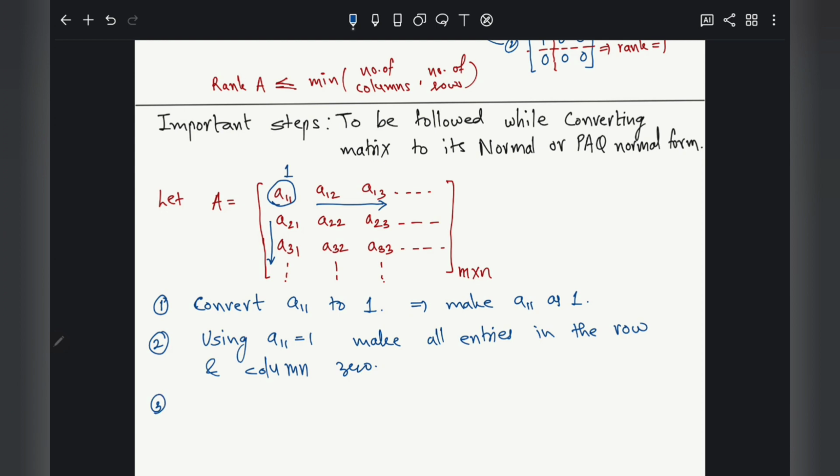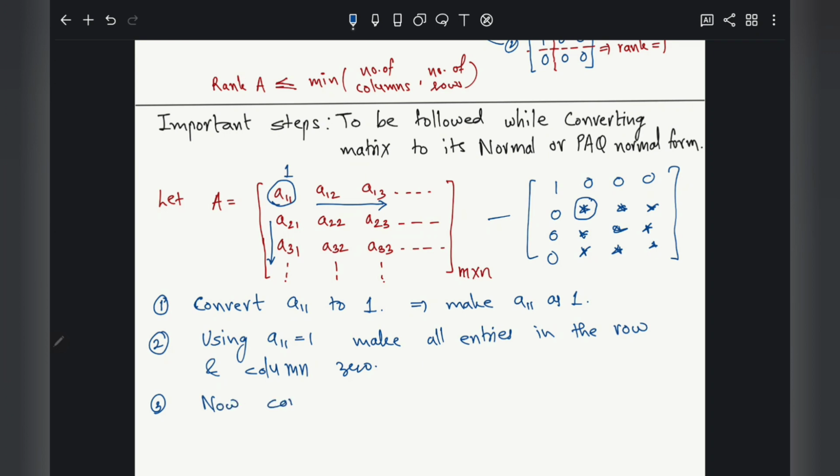And third, once you have converted a11 to 1 and all the entries in its row and column to 0, you will be getting a form something like this, with the remaining matrix pending. These entries I am not writing as a22 and so on because they will now have changed. Next you have to focus on a22.